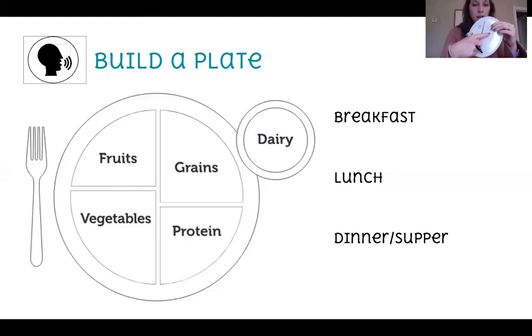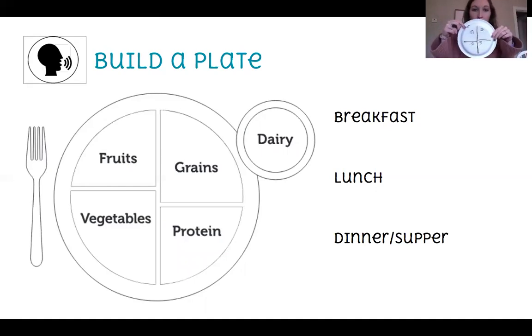Now I'm going to draw a section for grains and proteins. G, grains, P, proteins. And then D for dairy. I'll just put him at the top.